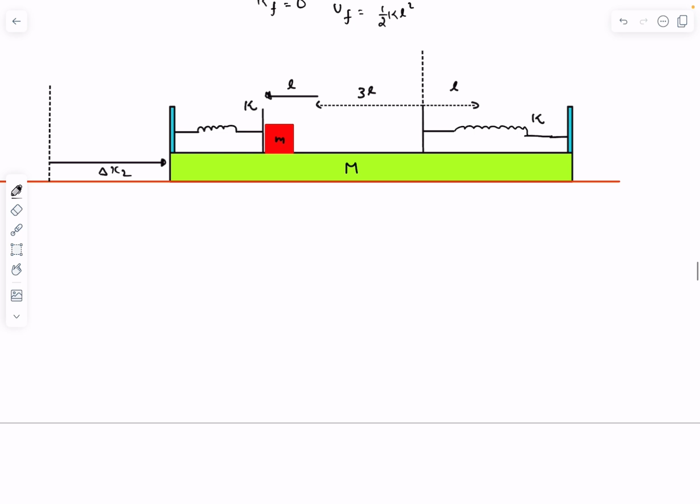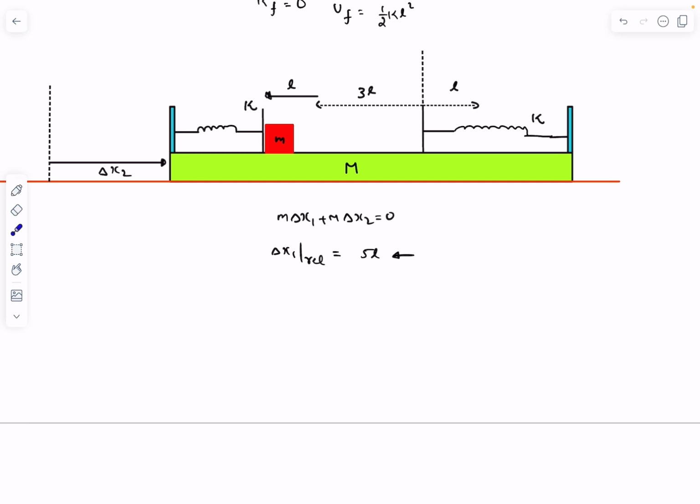So we'll write down our first equation once again: m delta x1 plus capital M delta x2 should be 0. This line that I just drew was the initial position of small m, right? So small m covered a distance of L plus 3L plus L relative to the plank. So delta x1 relative to the plank is equal to 5L towards the left, right?